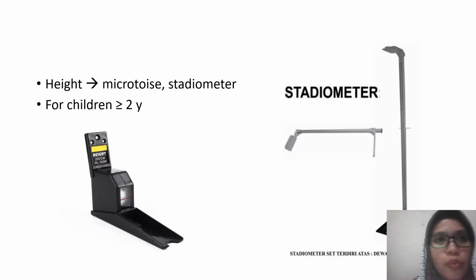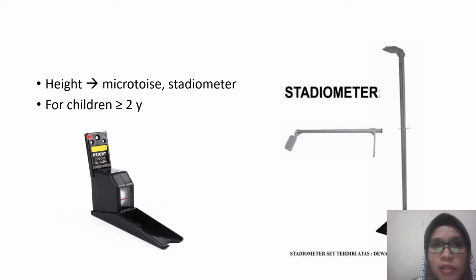For children over 2 years old, the term used is height, not body length. The instruments commonly used are the microtoa and stadiometer. The microtoa must be properly installed on a flat wall and perpendicular to the flat floor.